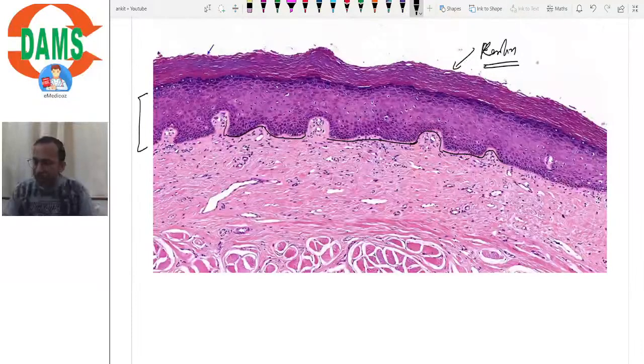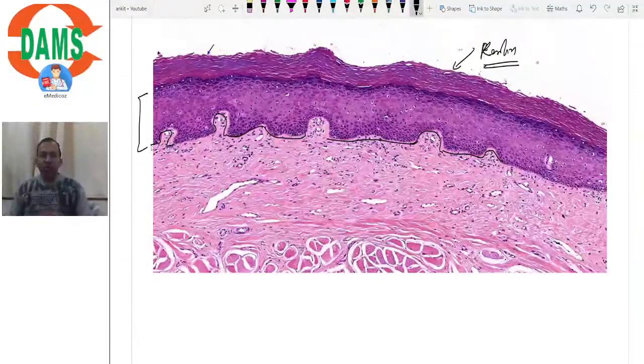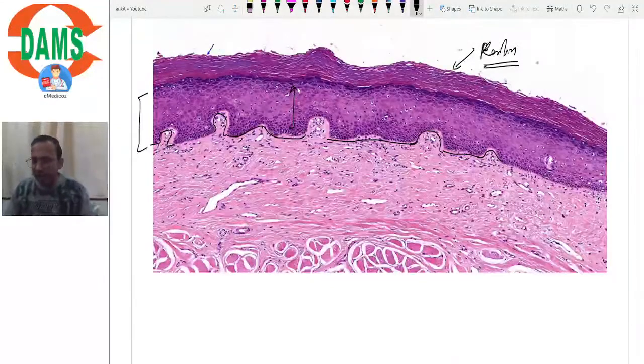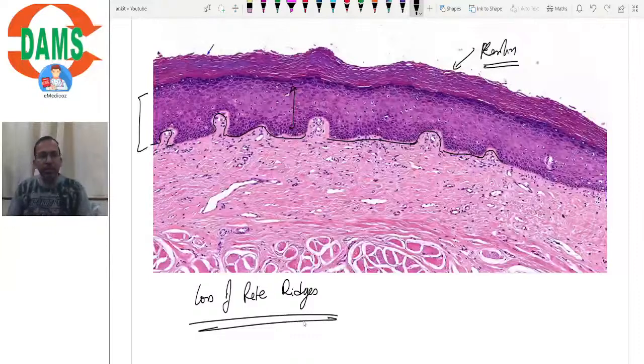The rete ridges appear to be very shallow, isn't it? They appear to be very short. So that means there is a loss of rete ridges, and the epithelial thickening is also not too much, isn't it?